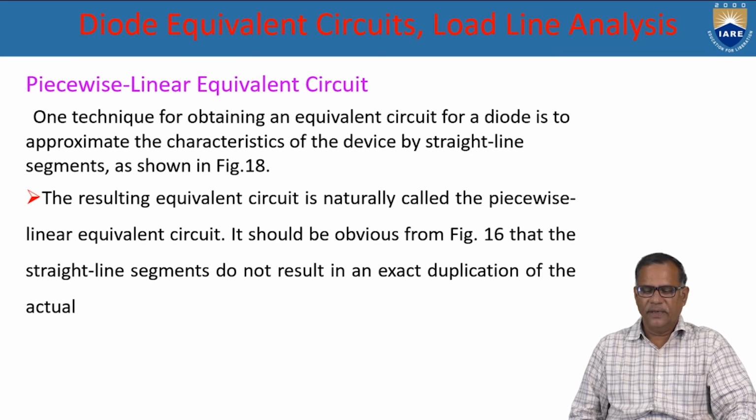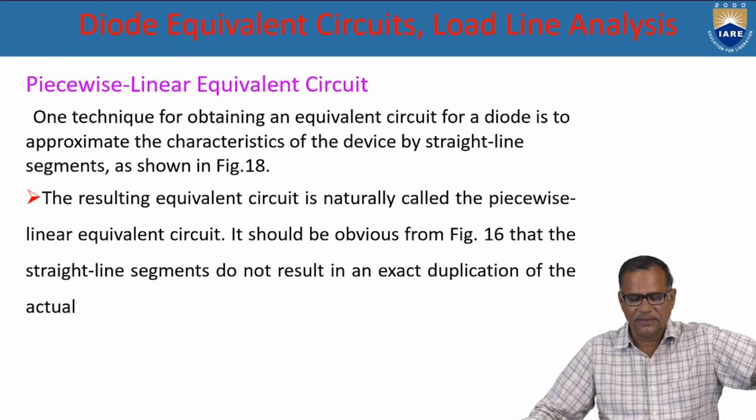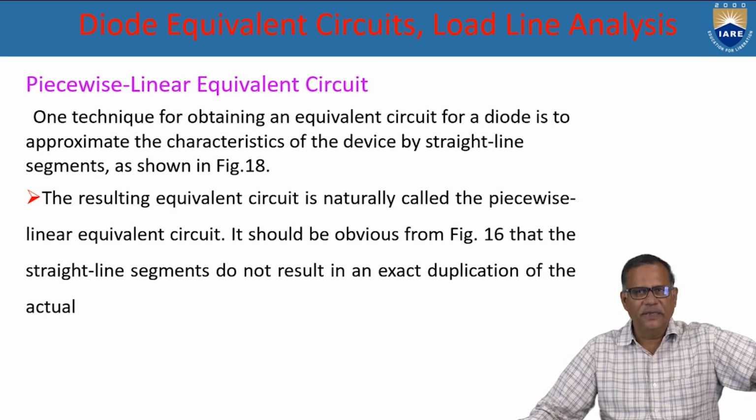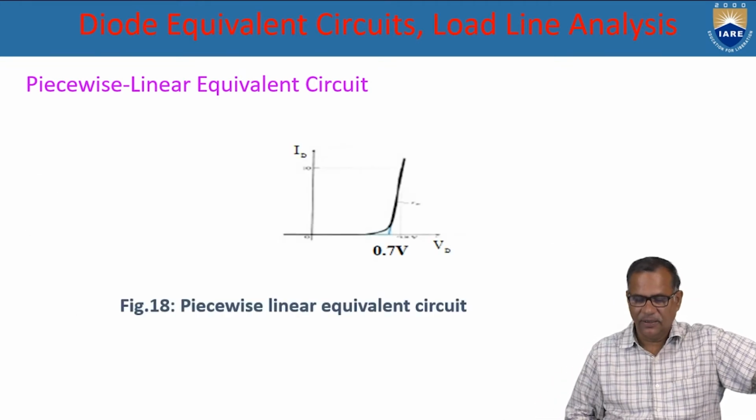Now, the piecewise linear equivalent circuit. The other technique for obtaining an equivalent circuit for the diode is to approximate the characteristic of the device by straight line segments, and the resulting equivalent circuit is naturally the piecewise linear equivalent circuit. It is obvious that the straight line segments do not result in an exact duplication of the actual behavior.